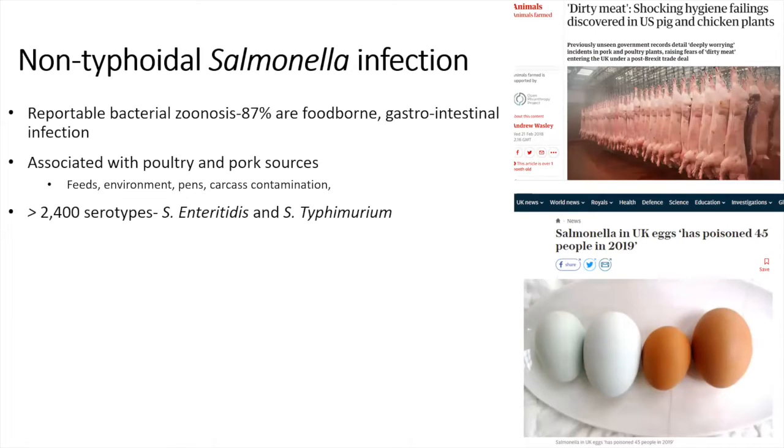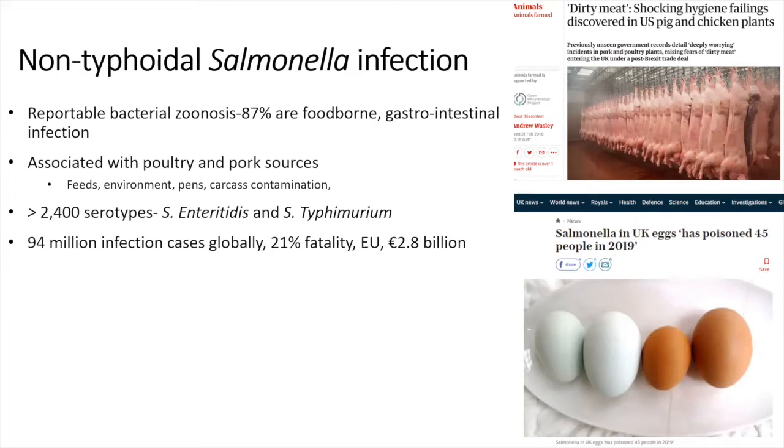There are several serotypes. These are ways of typing Salmonella based on the O and H antigens, and there are also other ways using phage typing schemes. Several of these serotypes are prevalent and common in human infection, but S. Enteritidis and Typhimurium are most commonly found associated with humans.